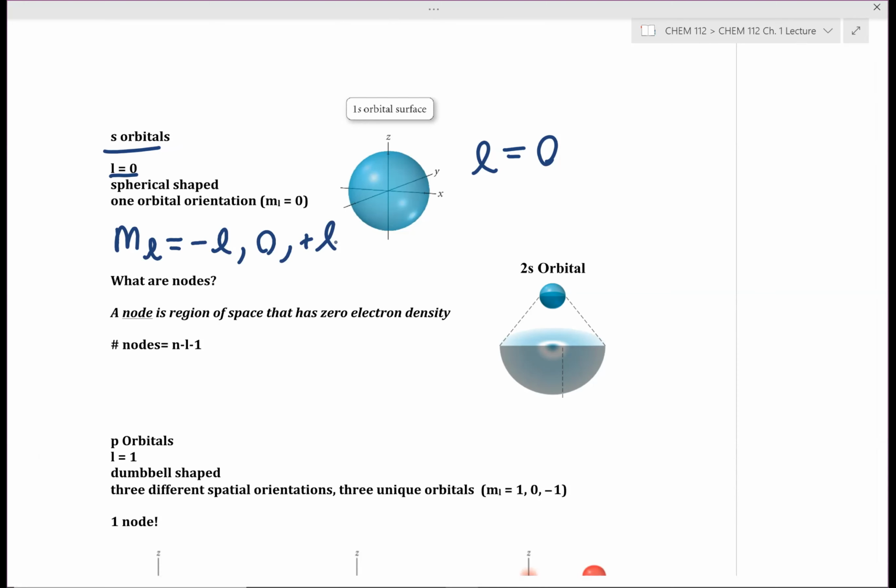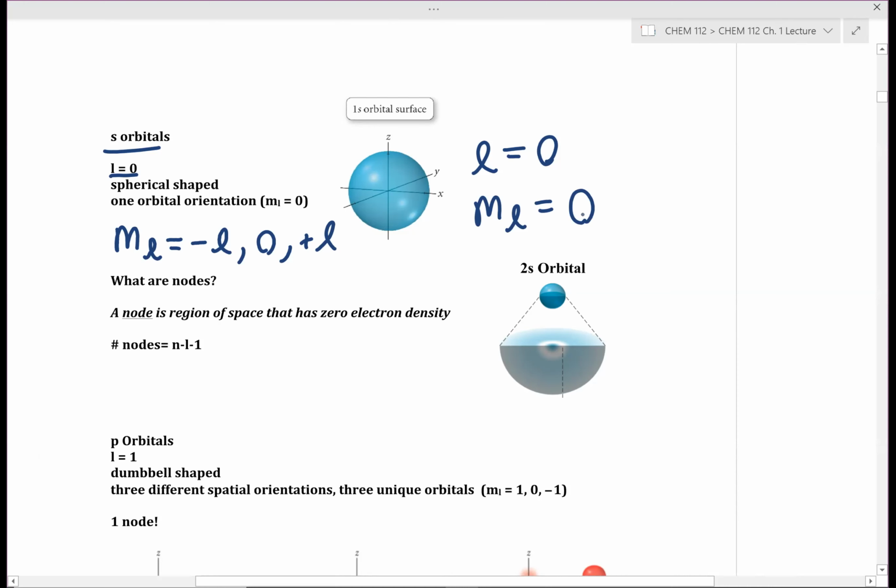In this case, if we want to count from negative L to 0 to positive L, do we have any L value other than 0 for our s orbital? What's the L value for an s orbital? 0. So how many unique ML values can we have? Do we have any values other than 0? No. So the only ML value we have is ML is equal to 0.